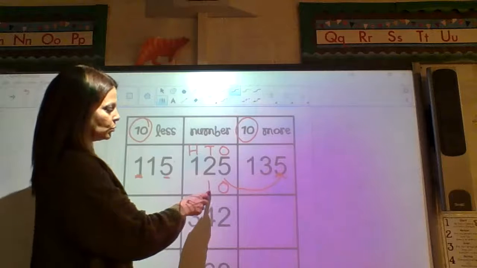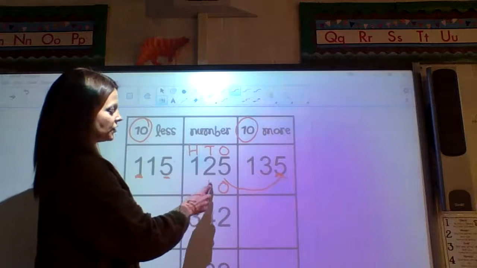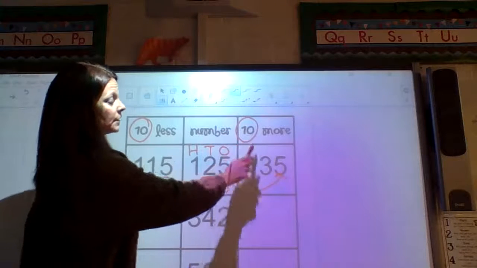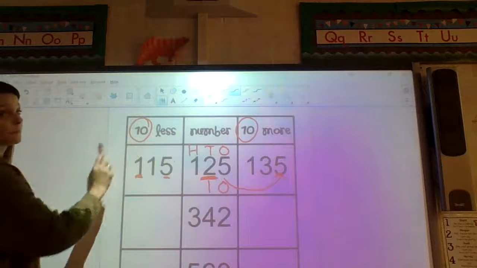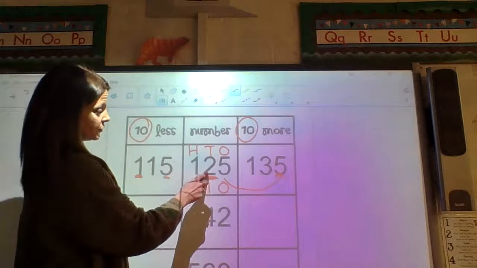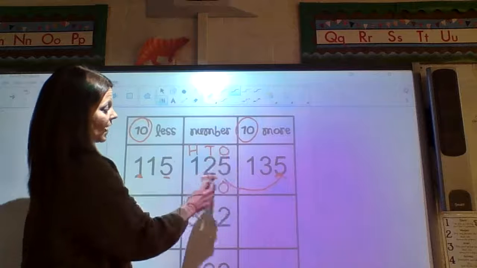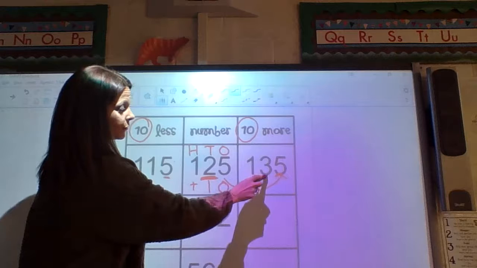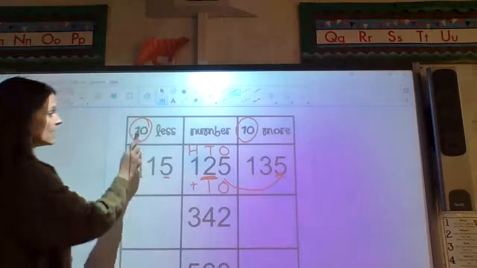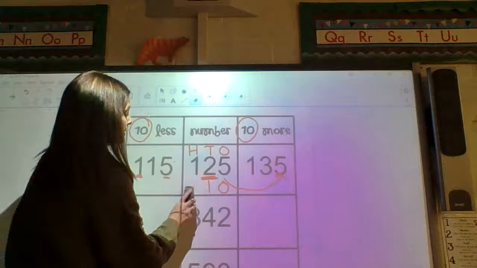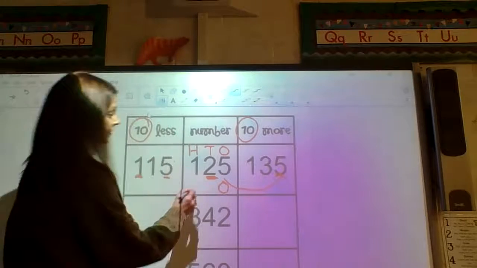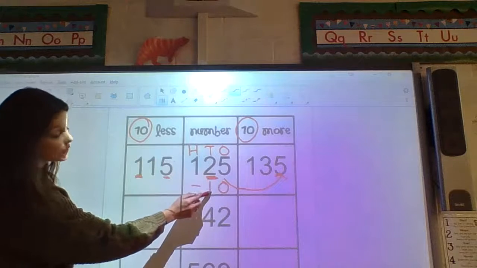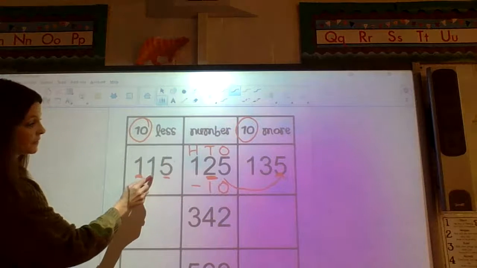But ooh, here we are changing our tens because we are adding 10 more or taking away 10. So we look at this 2. If I want 10 more, I would do 2 plus 1 equals 3. If I want 10 less, I can do minus 1. So I'm taking a 10 away, and it ends up being 1.